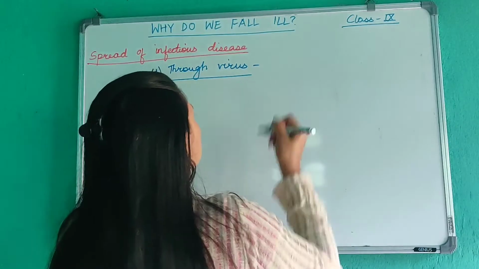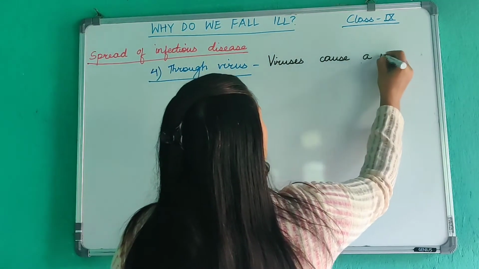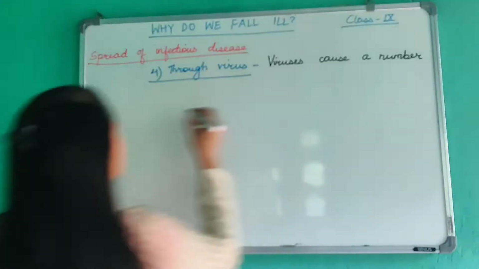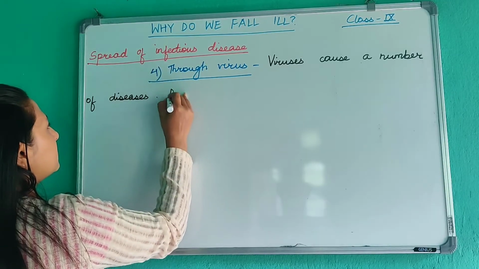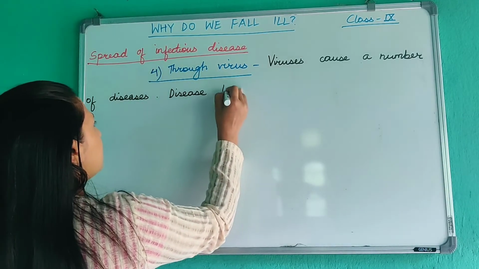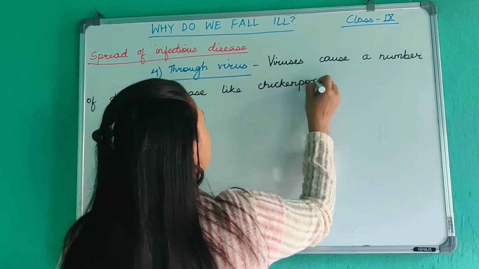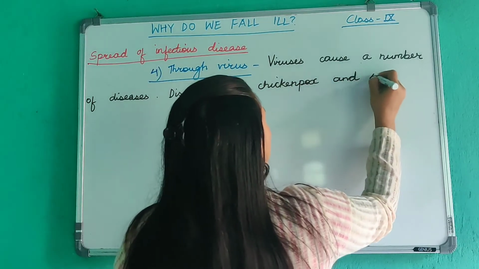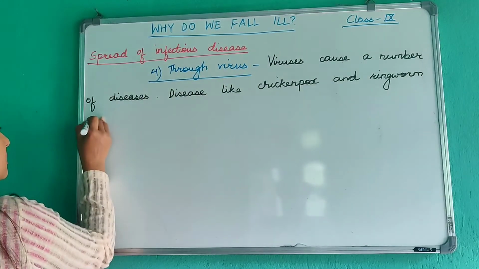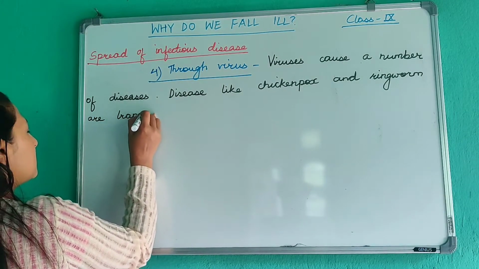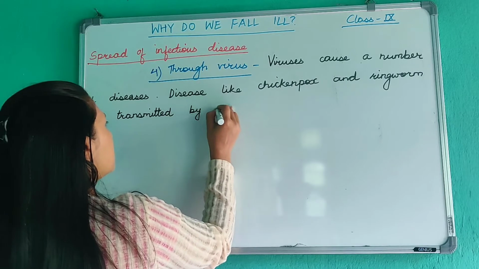So viruses cause a number of diseases. For example, diseases like chickenpox and ringworm are transmitted by direct contact.